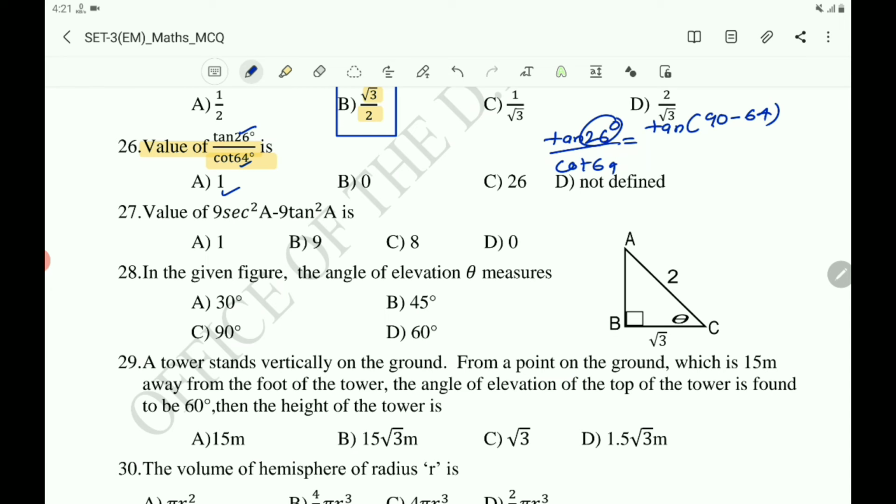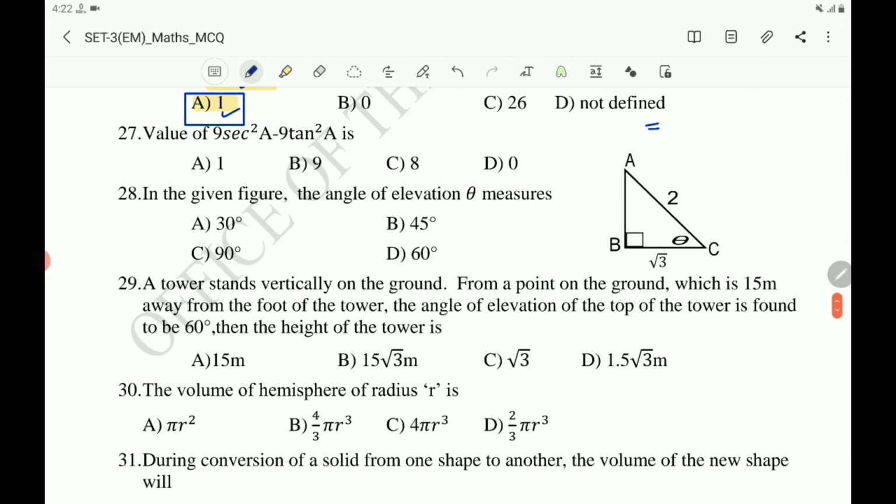So 26 degree is nothing but 90 minus 64 degree, divided by cot 64 degree. That equals cot 64 degree by cot 64 degree, which is equal to 1. So you got the answer here. So option A is the answer.